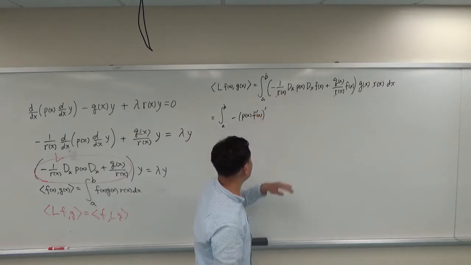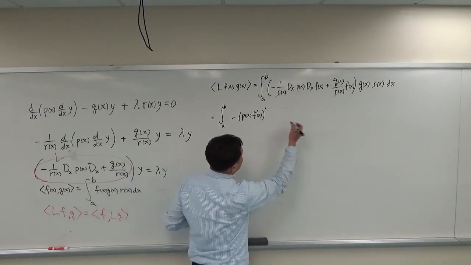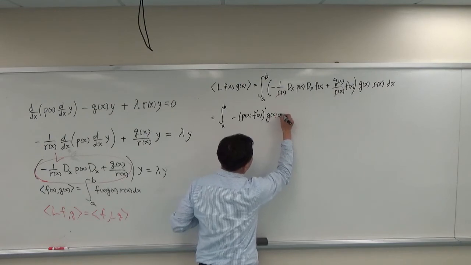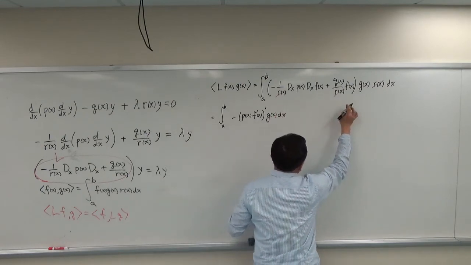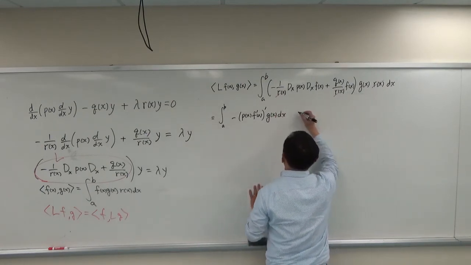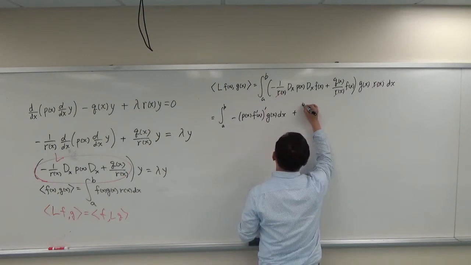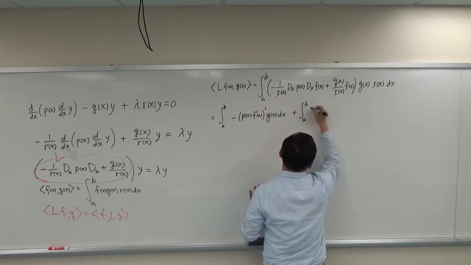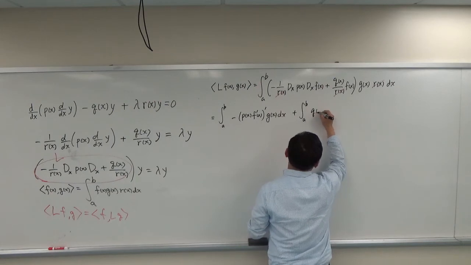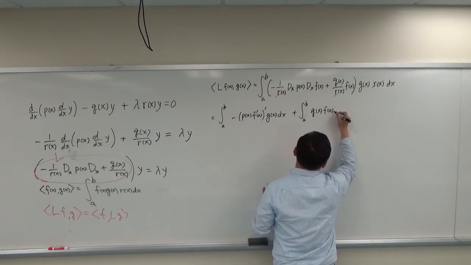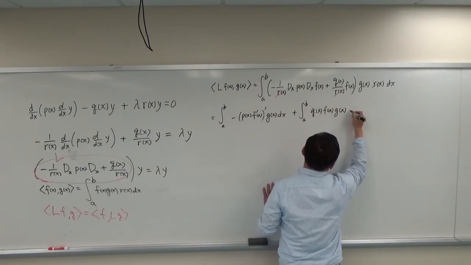This r is gone. And then times g(x) dx. That's one integral, and then this times this is another one. So you have plus the integral from a to b of q(x) f(x) g(x) dx.